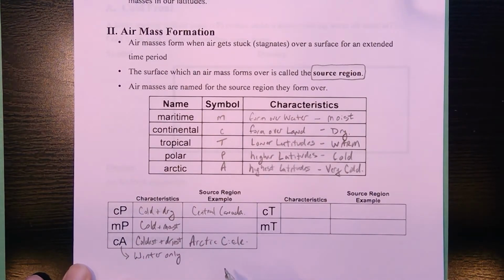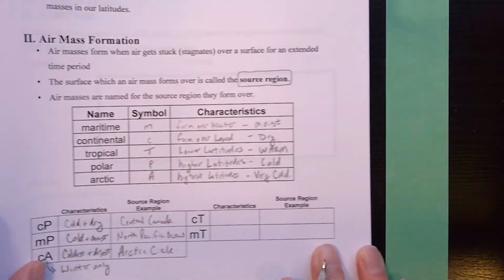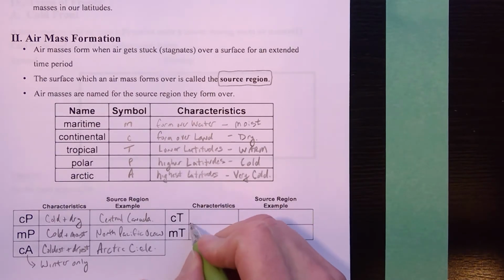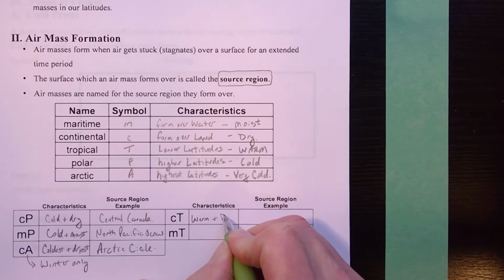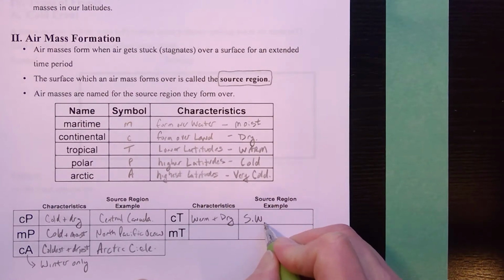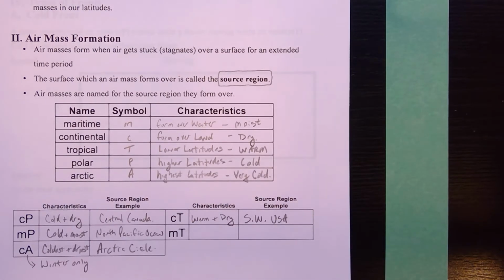Maritime polar, you might get maritime polar air masses coming from the North Pacific Ocean, say off the coast of Alaska. Continental tropical, maritime tropical. Continental tropical, continental means dry, tropical means warm. So this would be warm and dry, like the Southwest United States: New Mexico, Nevada, Arizona, parts of Mexico.